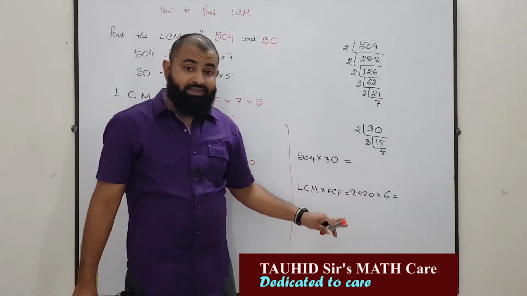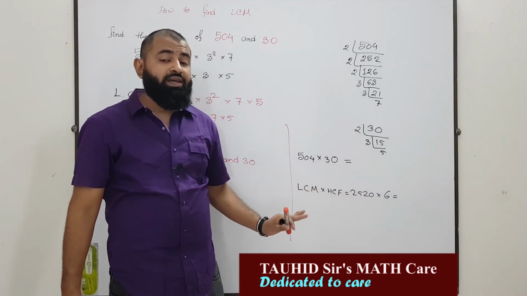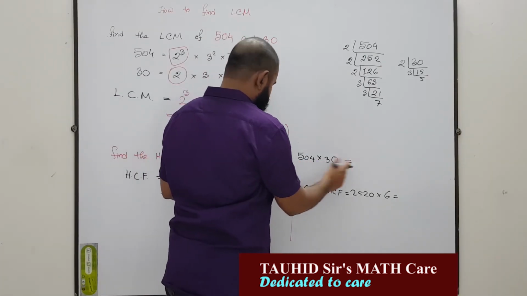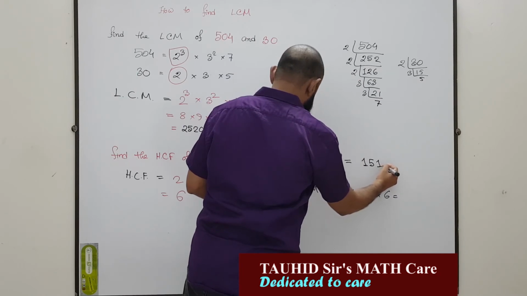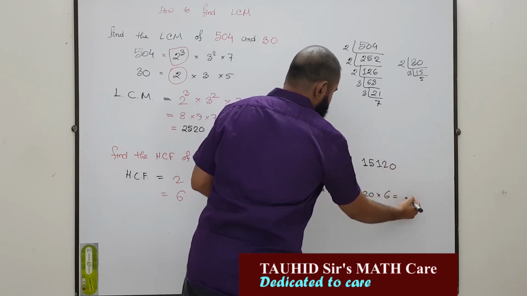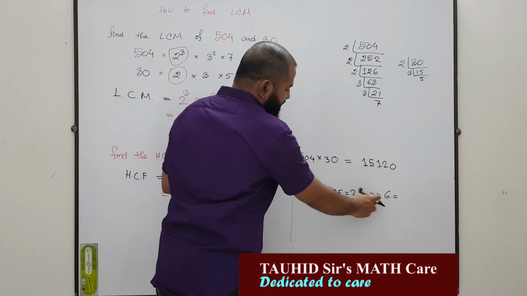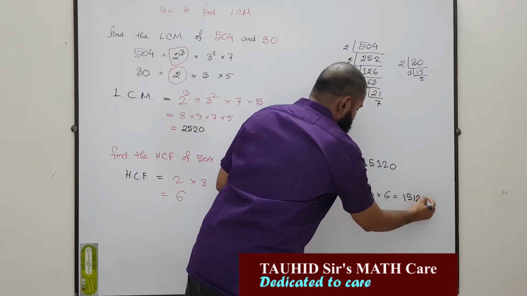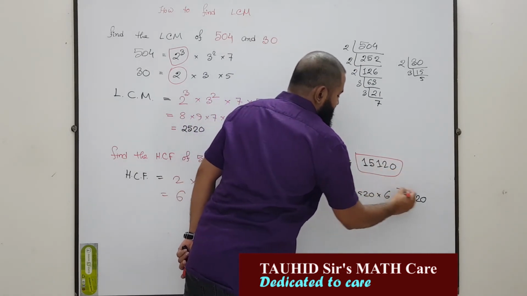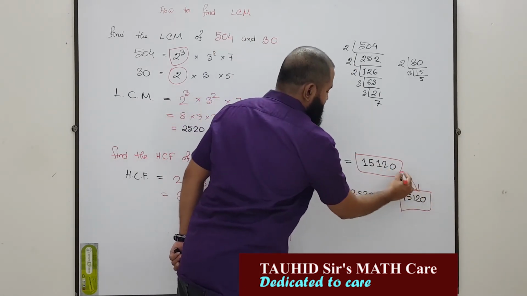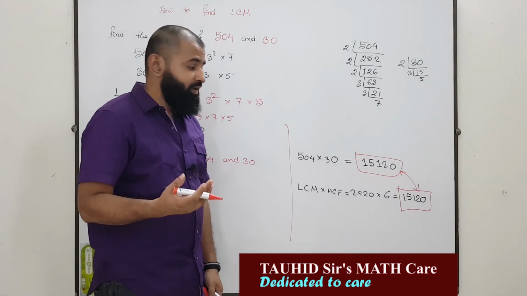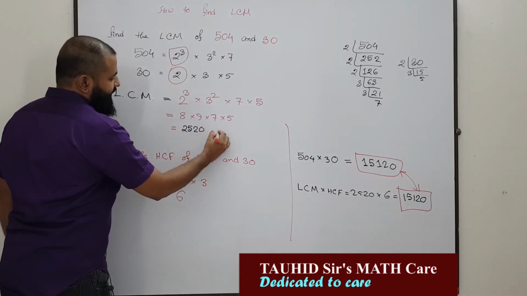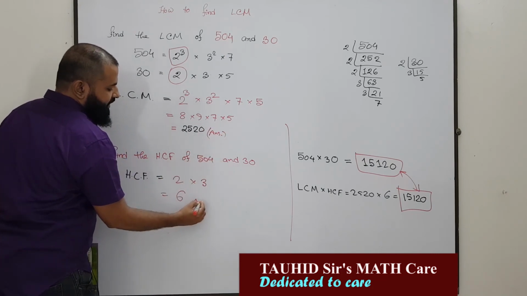We will check whether they are equal or not. When we multiply 504 and 30, we get 15,120. And when we multiply 2520 and 6, we get 15,120. You can clearly see that we got the same answer for both products. So my answers are correct. This is our LCM and this is our HCF.